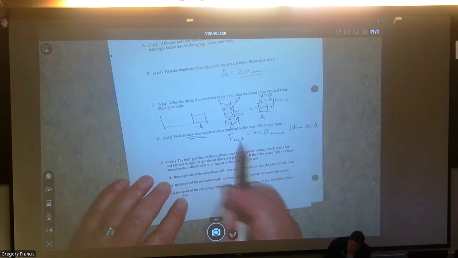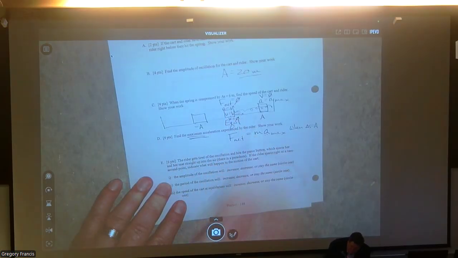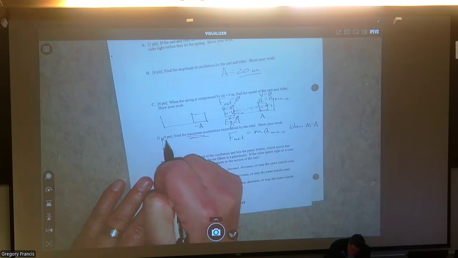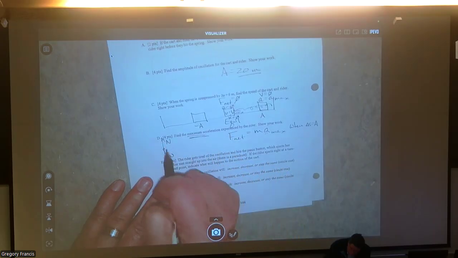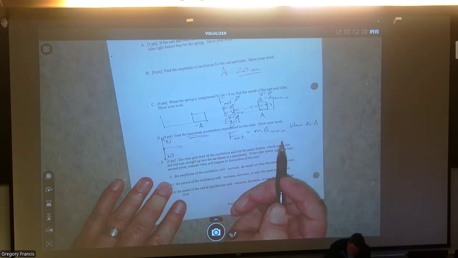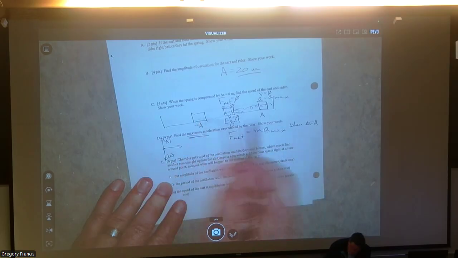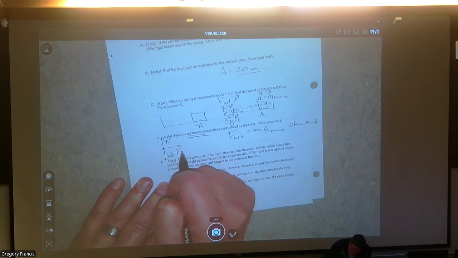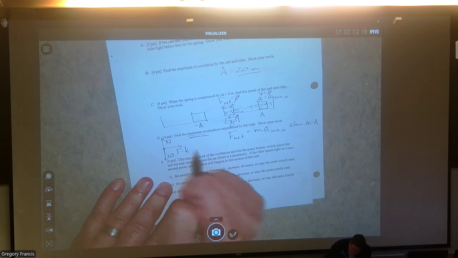And so if I draw a free body diagram for the block, I have weight down, I've got normal by the track up, and then I've got this force either to the right or the left, depending on which turnaround point I'm at. And that's going to be given by Hooke's law.